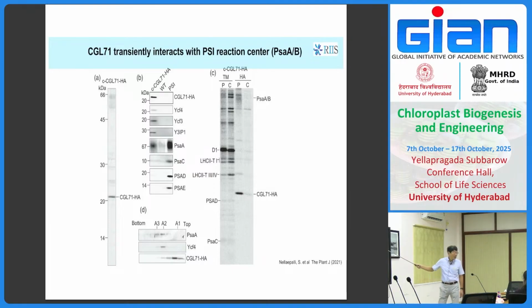CDL71-HA: of course, this is nuclear encoded, so HA is fused to the C terminal side of CDL71.